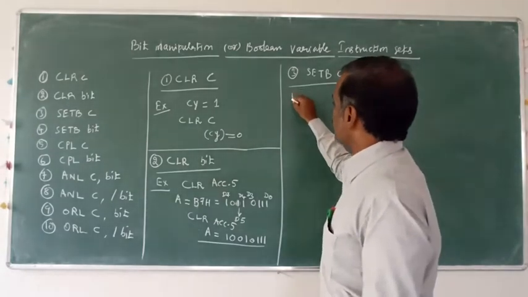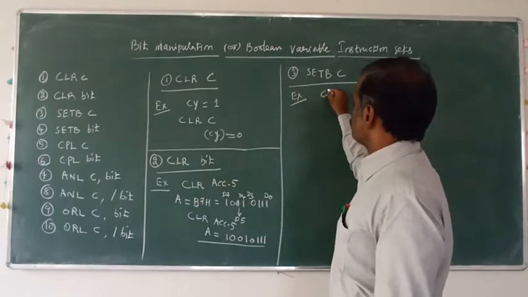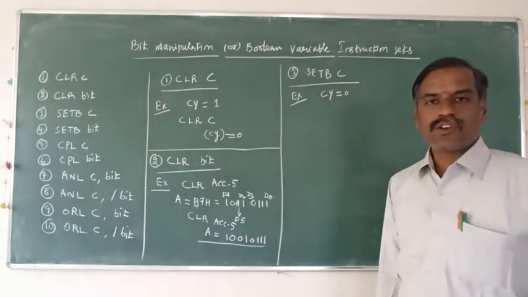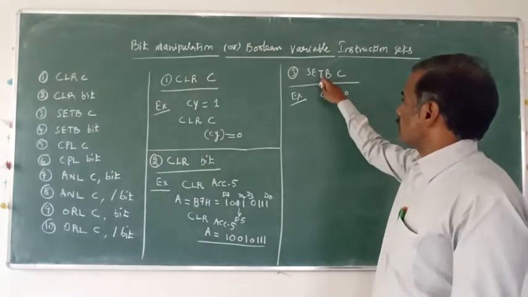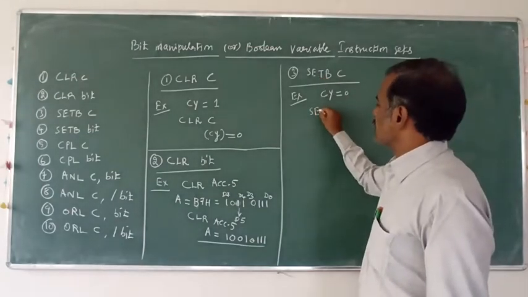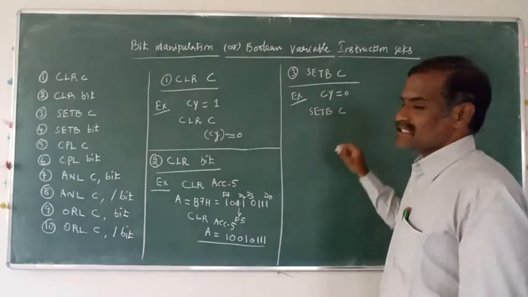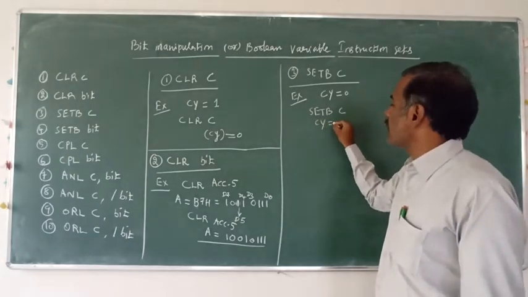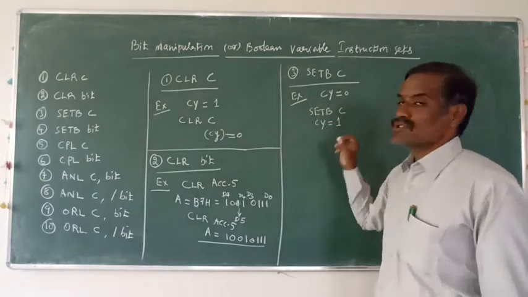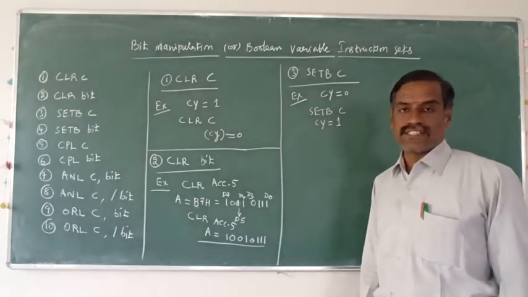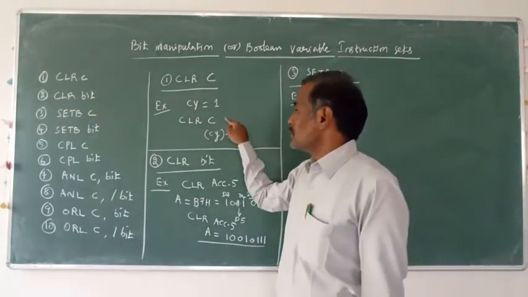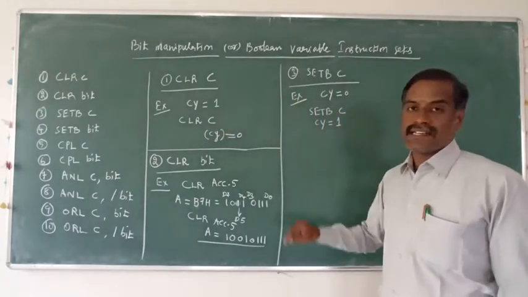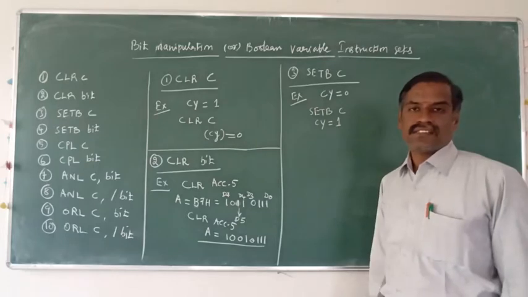Example, here the carry equals 0. After the SETB C instruction, the carry flag will be set to one. This is for clearing the carry status, and this is for setting the carry status.